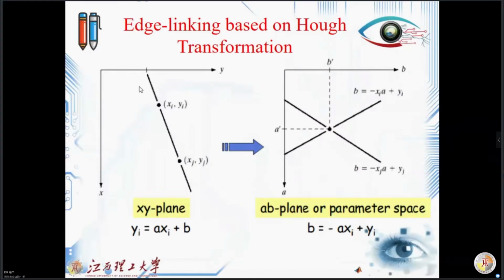Now, if I have the two points xi, yi and xj, yj, the ab plane or parameter space will be something like b equals minus xi a plus yi, as I show here. And the previous analysis that we showed can be seen here.